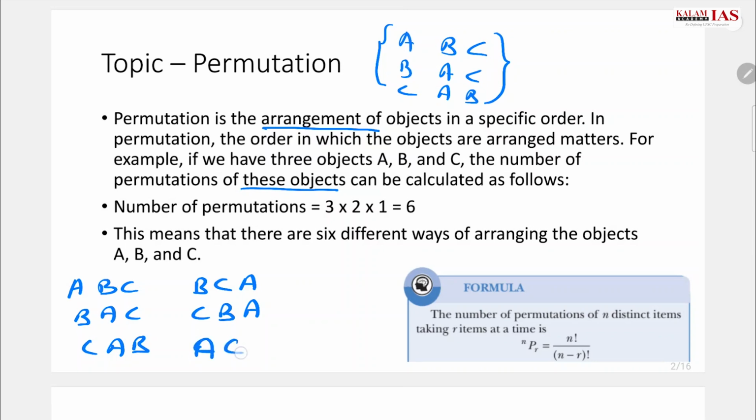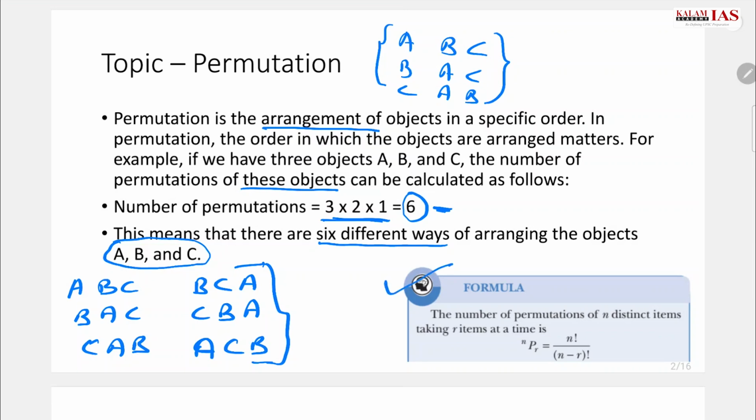A, C, B. So you see there are 6 possible ways, and that's the answer. How this comes, we'll discuss a few moments later, from where you can easily understand that rather than making all these combinations manually, we can simply arrive at the answer by applying simple logic. As we see, there are 6 different ways of arranging the objects A, B, C.